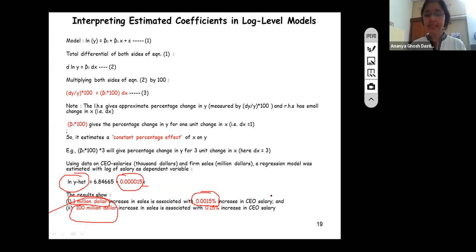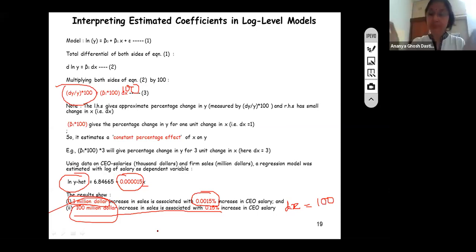So you're now saying, suppose dx is equal to 100, then this thing will simply be beta 1 into 100 and then into another 100. So a $100 million increase in sales is associated with a 0.15% increase in CEO salary. CEOs get so much salary that even a 0.15% increase is pretty good. So in terms of your results, that's a better result to be showing.